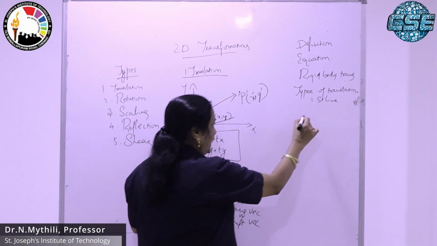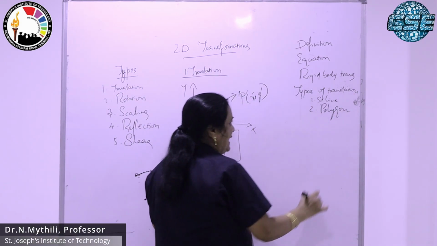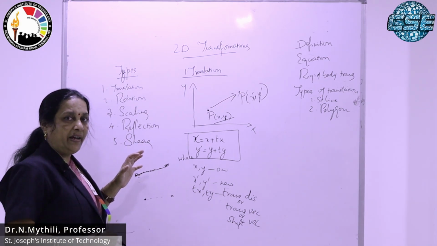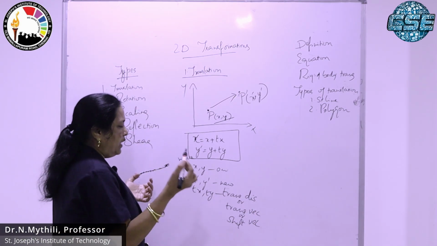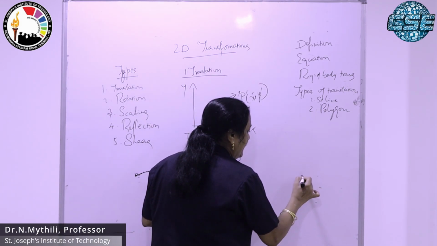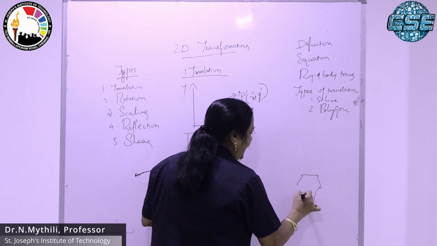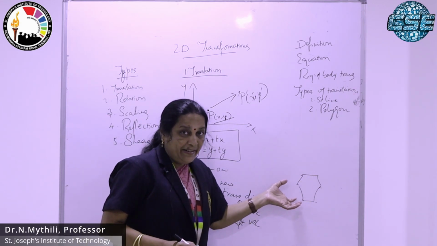Next one, polygon. As in the case of a straight line, the same applies to a polygon. A polygon is constructed between the end vertices.